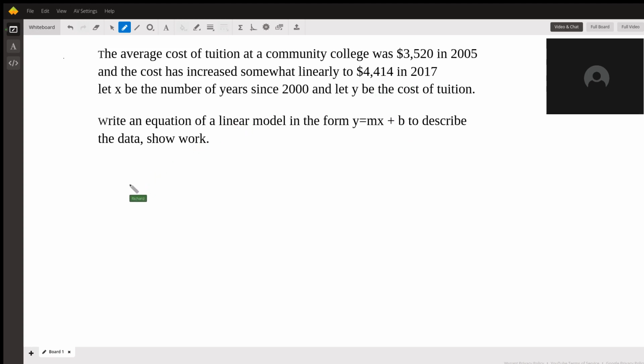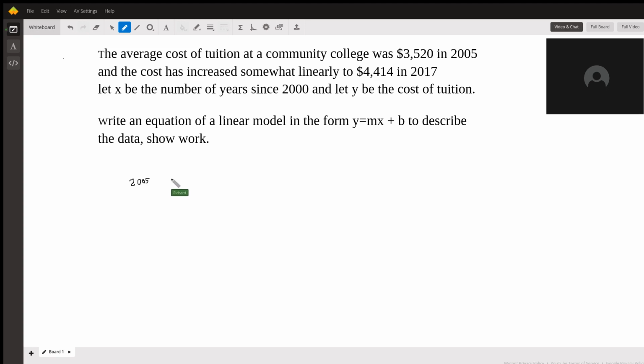Notice that we're given two data points, 2005, which we could consider to be time 0 if we wanted to. And that's the typical way to do it.